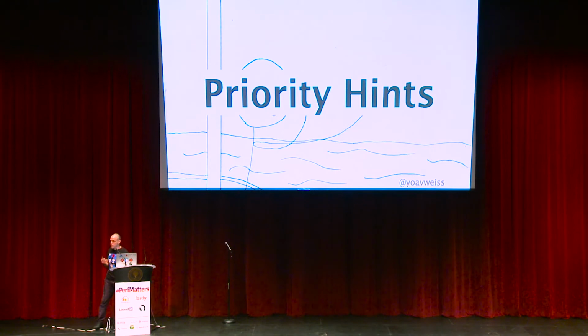And currently, browsers do all kinds of heuristics based on location, based on whether the script is async or not, in order to try to guess what the priority is. But there are many cases where the developer just knows that this is not an important resource, or that this is a critical resource despite the fact that it's an image, because it highly correlates with conversions or whatnot. So priority hints will give us a way to tell the browser what is important and what is not, and help the browser do the right thing.